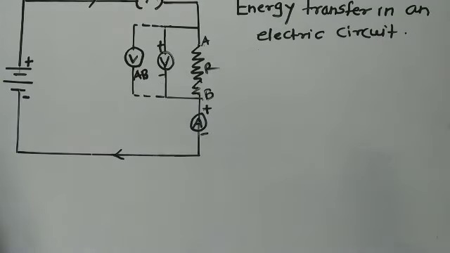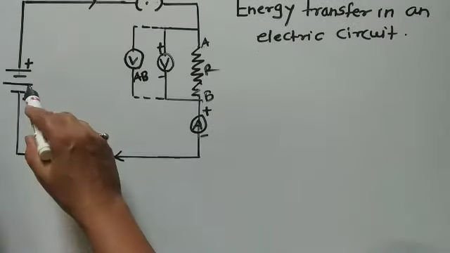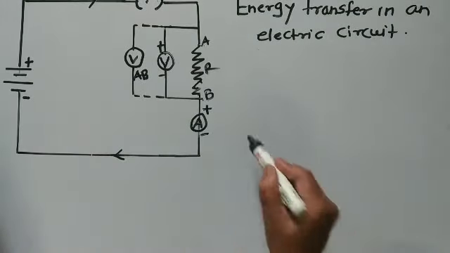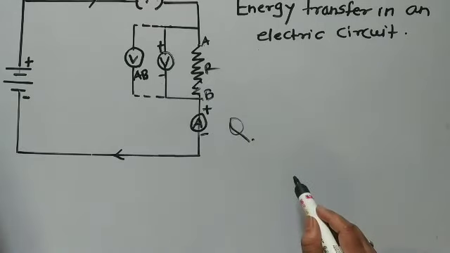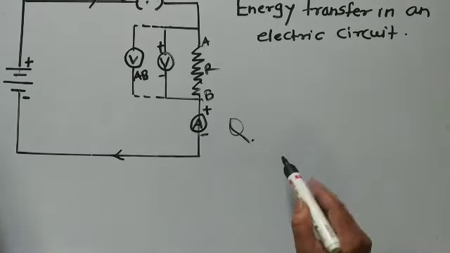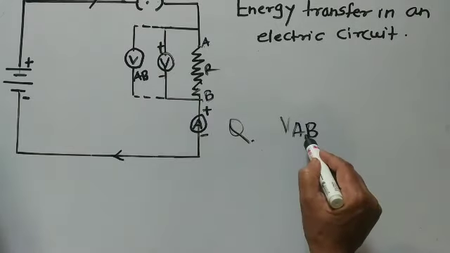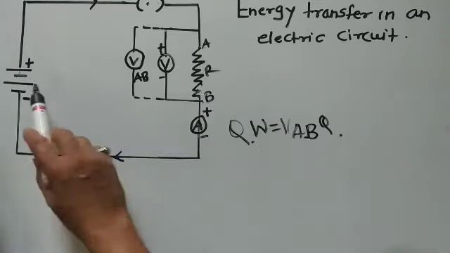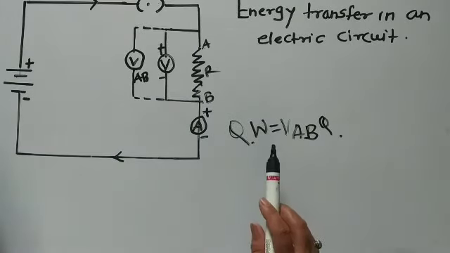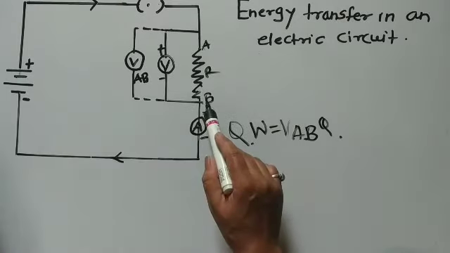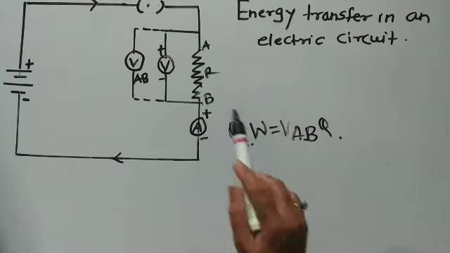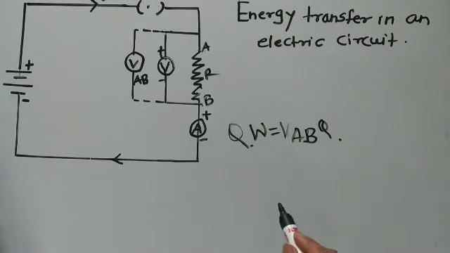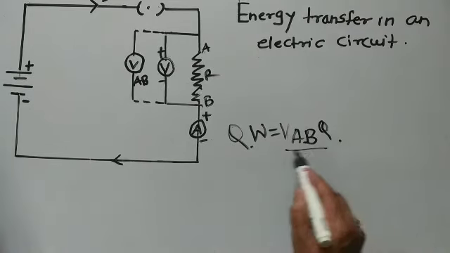Now the source of energy is the cell. From this cell we are getting energy. The cell gives energy through the charge Q to the resistor, where the work is VAB into Q. If the charge Q flows from point A to B in time T, then during this time the energy VAB into Q is given to the resistor.